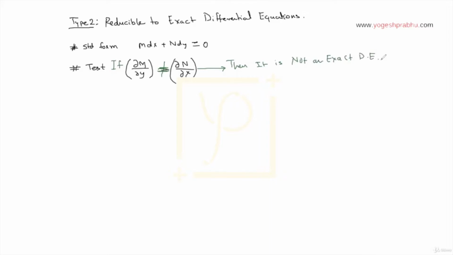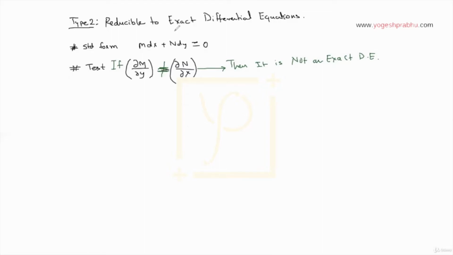And when we have a not exact differential equation, we have a few rules or techniques by which we can convert it into an exact differential equation. Precisely, we will be studying 4 rules to do that, and hence we call the type reducible to exact. So we reduce the equation to an exact differential equation.